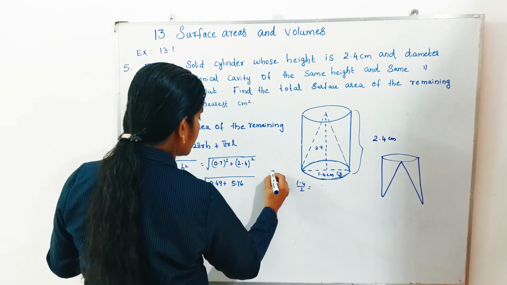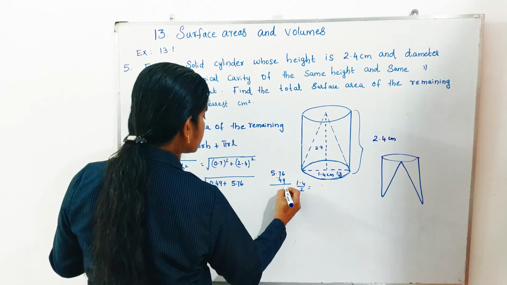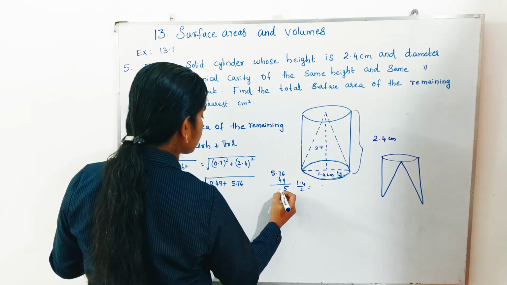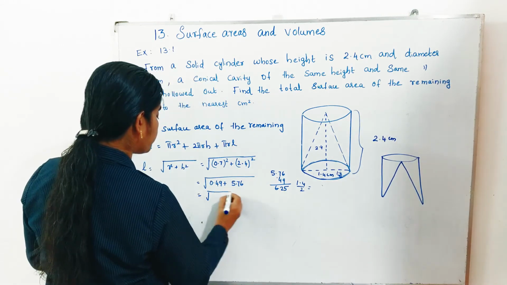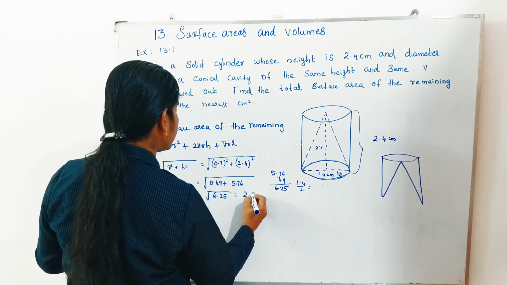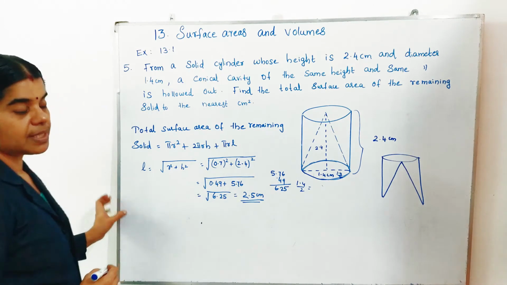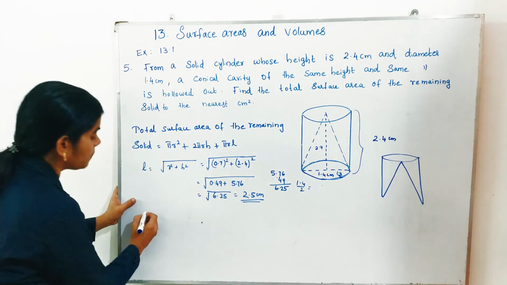That will be 6.25. The root of 6.25 is equal to 2.5 centimeter, which will be the slant height of the cone. Then we can substitute the values.